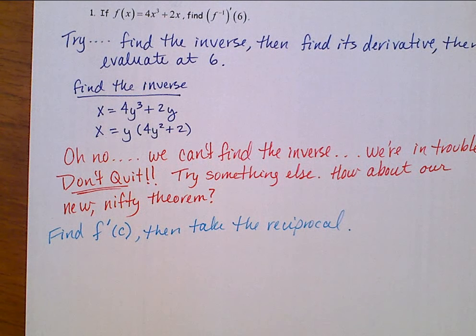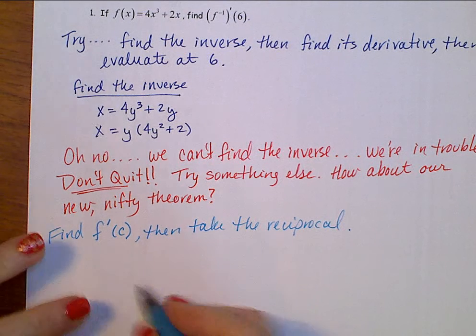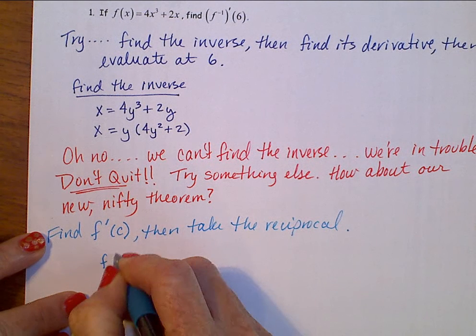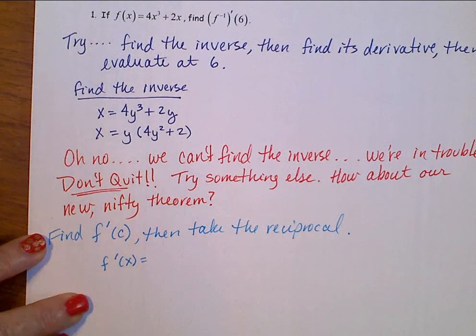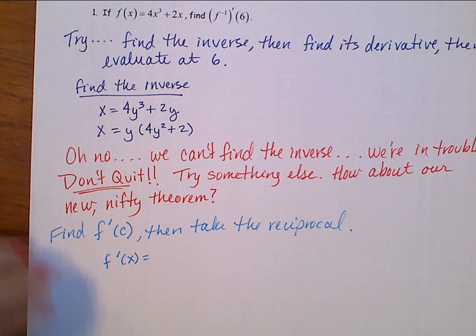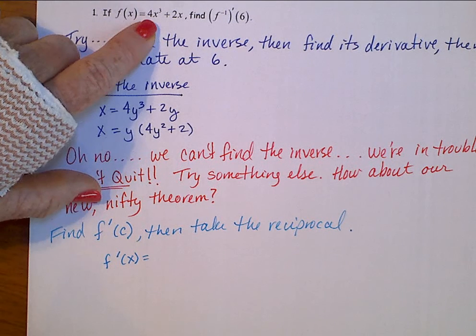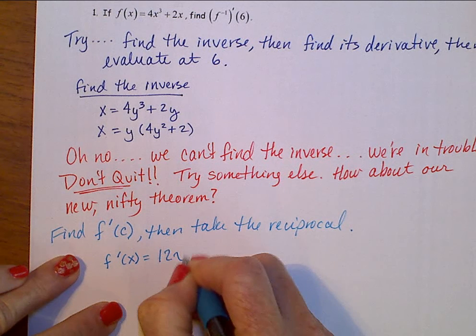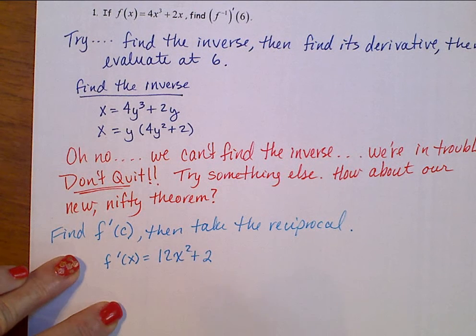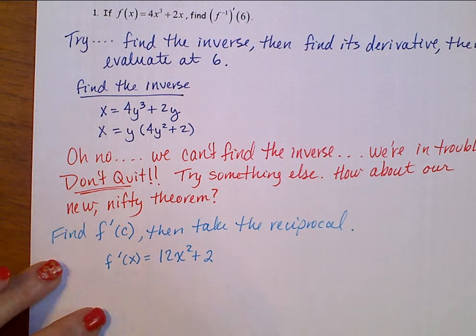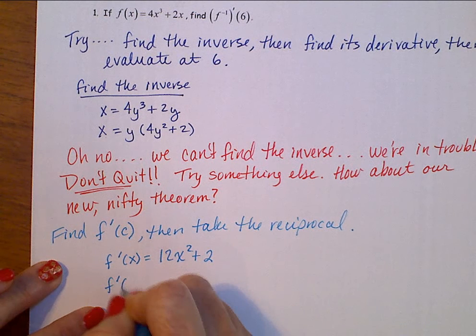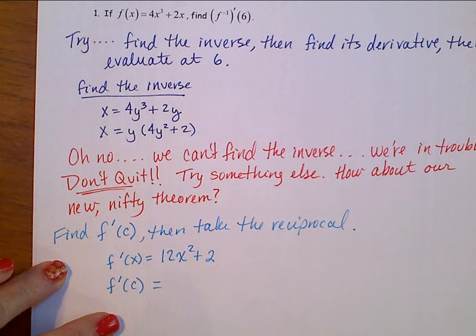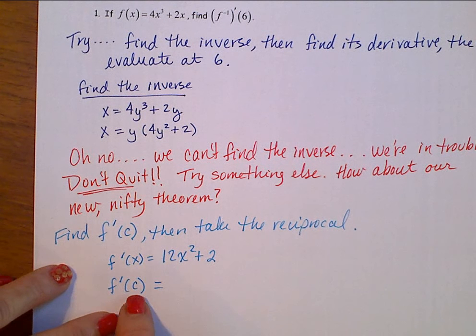So let's start. f prime of x is going to be 12x squared plus 2. Now we want to find f prime at c. Well, what's c? I don't know.